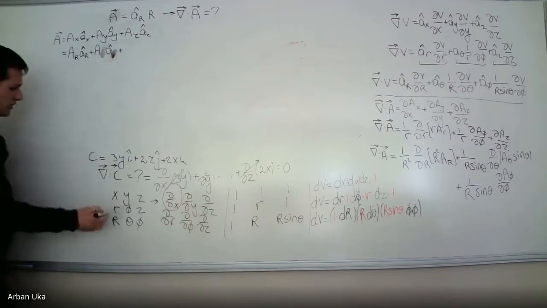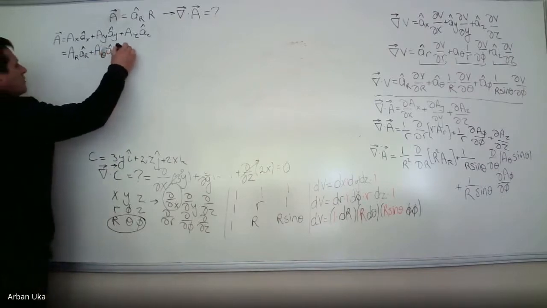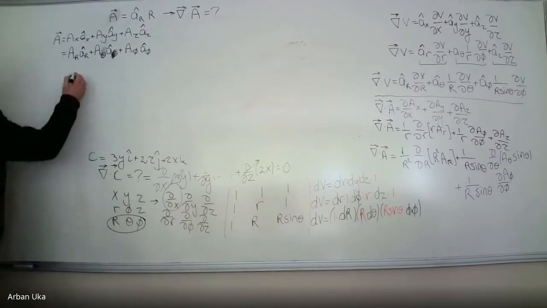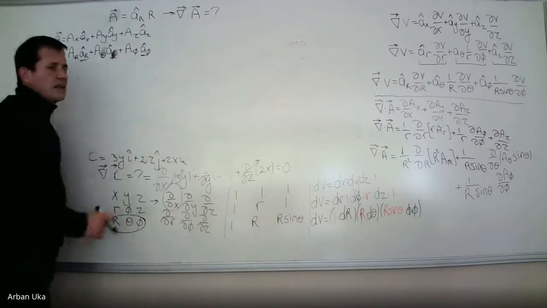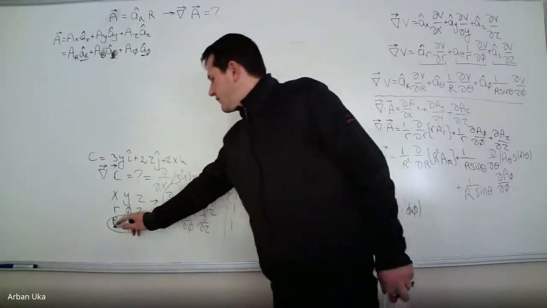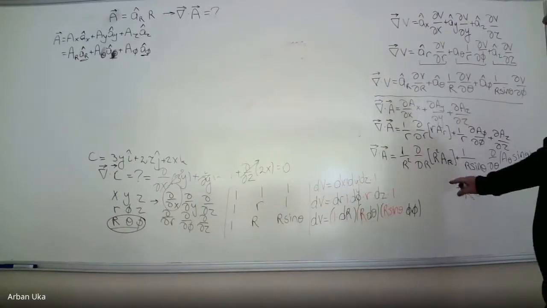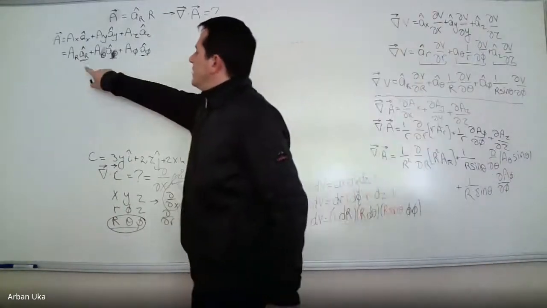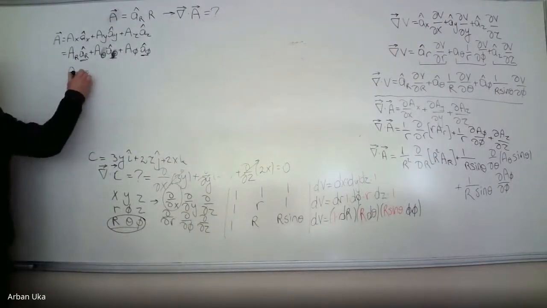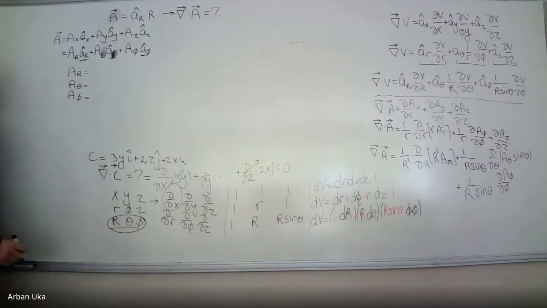The second one should be theta, so this is A_theta a_theta plus A_phi a_phi, where the little vectors here denote the direction of the unit vectors along these three coordinates. And now, in this case, we have to carefully identify what is A_r, what is A_theta, and what is A_phi.